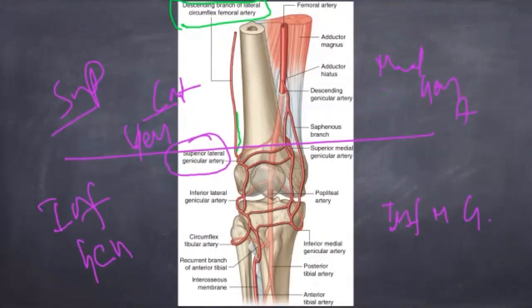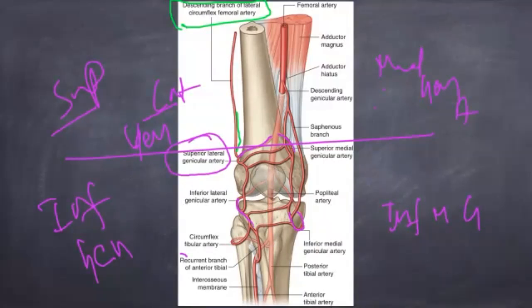These are the branches of the popliteal artery. This one is the popliteal artery. These are all anastomosing.